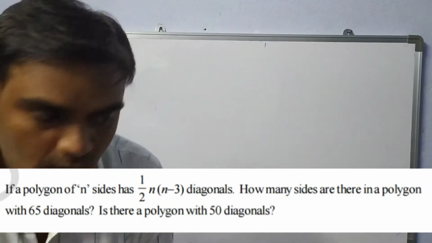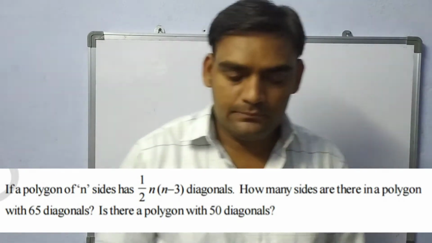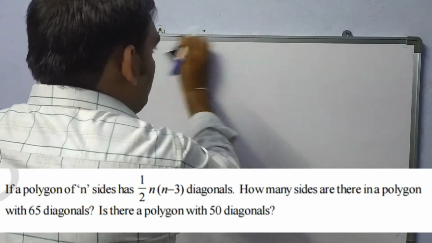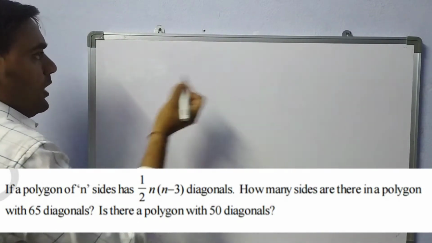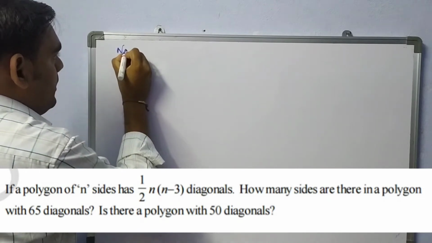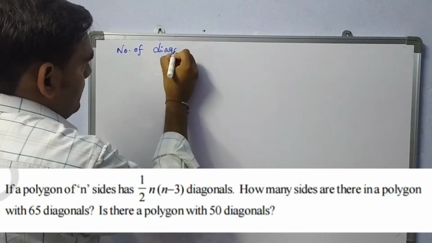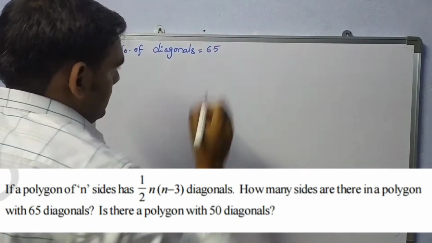They gave the number of diagonals is equal to 65. The formula to find diagonals is n(n − 3)/2. So first of all, according to the problem, we will write number of diagonals is equal to 65.